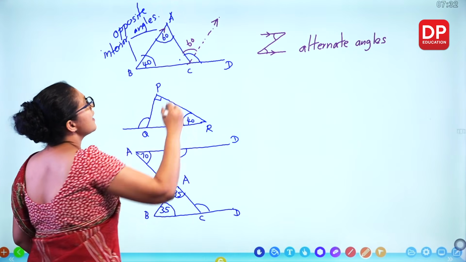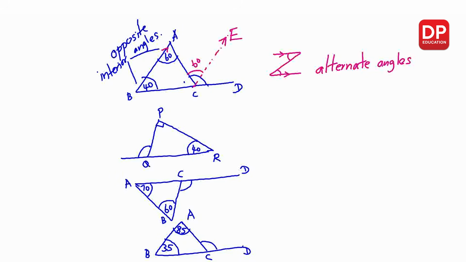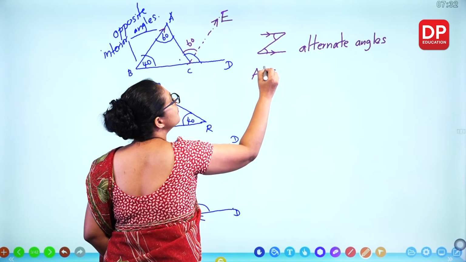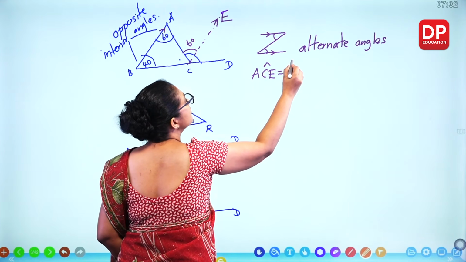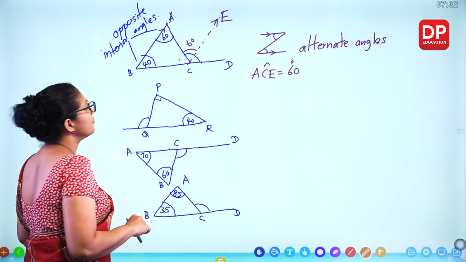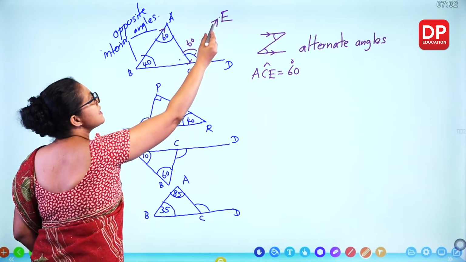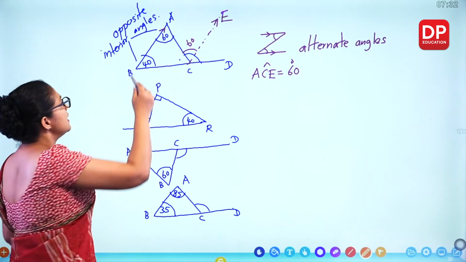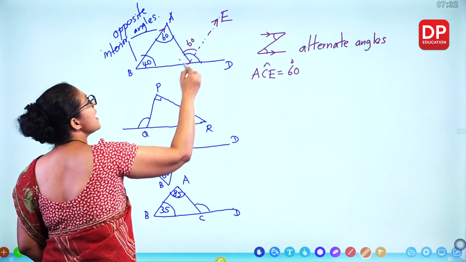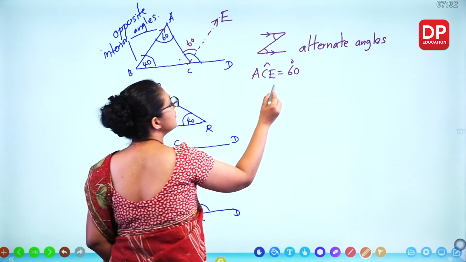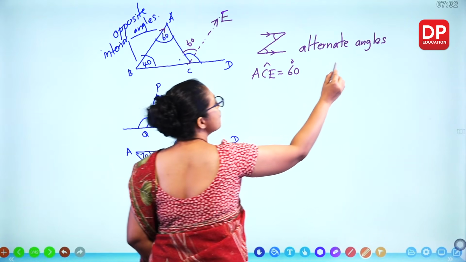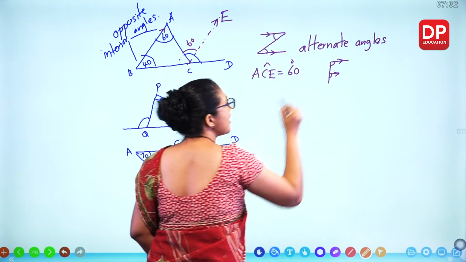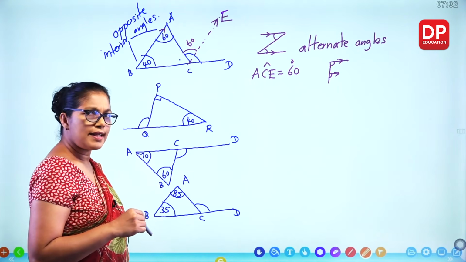So what's that angle? If I take this one as E, angle ACE is 60. What about this angle? DCE or ECD angle. Here, can you see the letter F? What do you call that? F. If these two lines are parallel, these angles are equal. What do you call that?